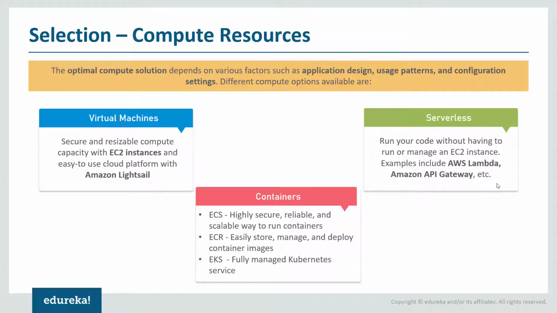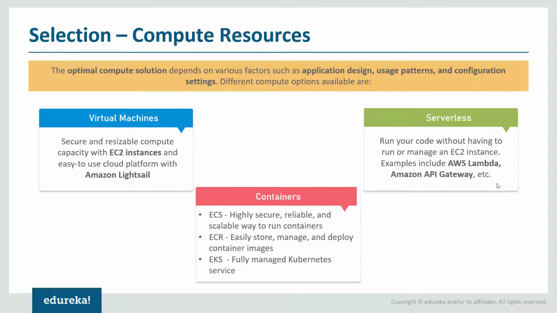If you want to choose a virtual machine or an EC2 instance, you can simply take Amazon Lightsail, which is secure and resizable compute capacity. Or no, I don't want to deploy my application on a virtual machine and take some time to go ahead and start the server. Maybe I want to make it very light.